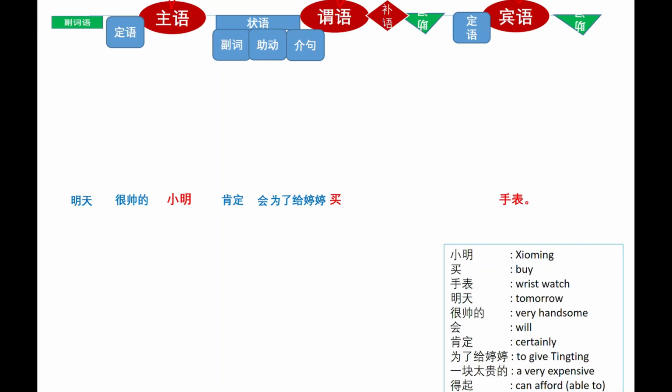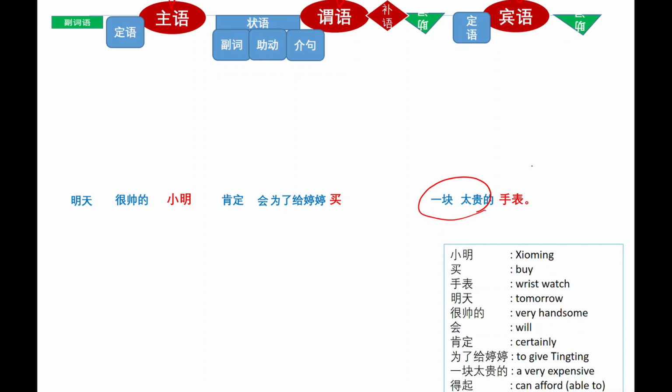Wonderful. We are almost there. Well, does he have enough money? So by 补语, complementing, meaning can afford or able to, 得起. Modifying the object, another thingy, right?